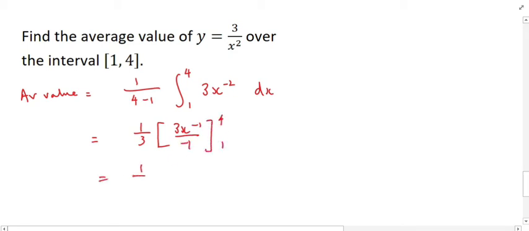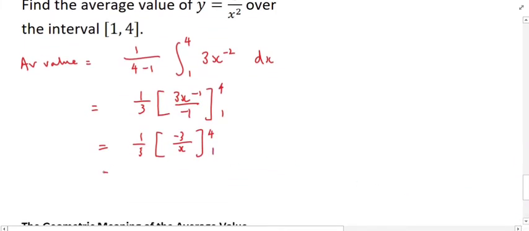And to make that a bit easier for myself, let's call that negative 3 on x between 4 and 1. So it's 1/3. And now we're going to sub in negative 3 on 4 minus negative 3 on 1.